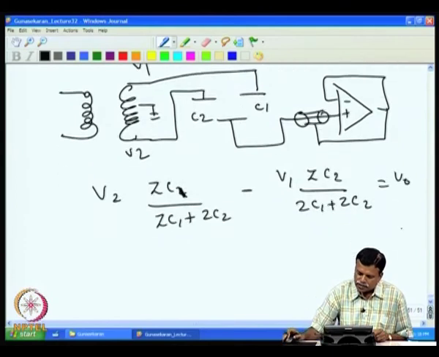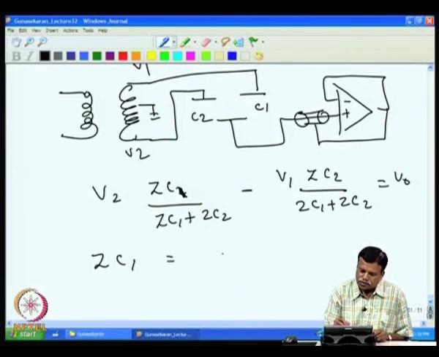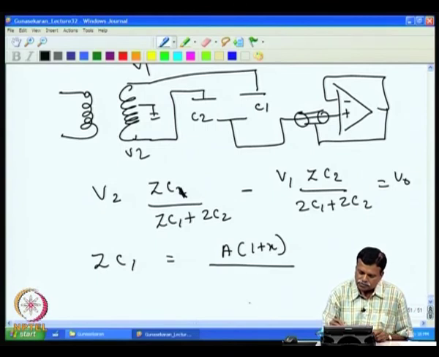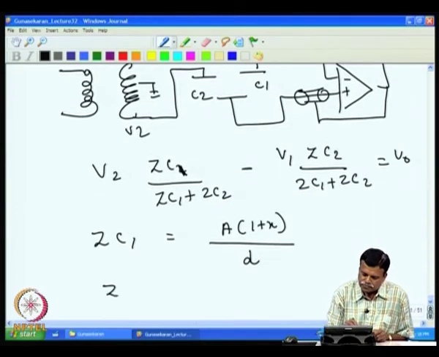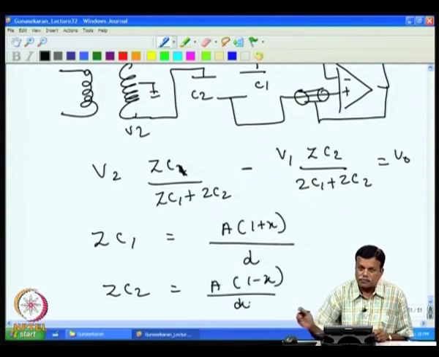So now we can find ZC1 and ZC2. ZC1 actually comes out, suitable for area variation, as A into 1 plus x divided by d, and ZC2 will come as A into 1 minus x divided by d.